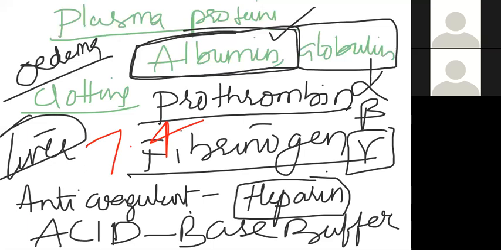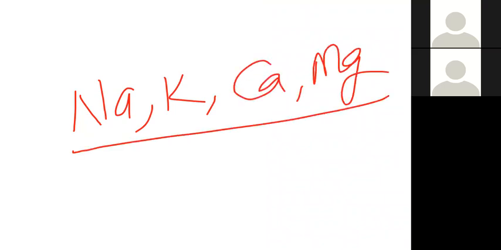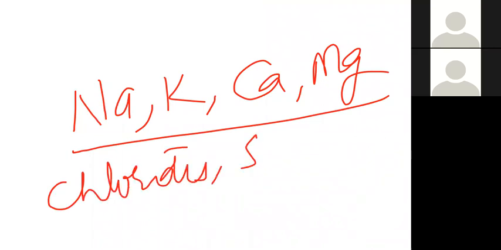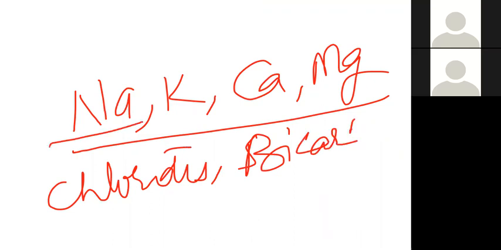The salts of the blood plasma. Finally, the salts present in the blood plasma are chlorides, bicarbonates, sulfates, and phosphates of sodium, potassium, calcium, and magnesium. That means, for example, sodium chloride, likewise.